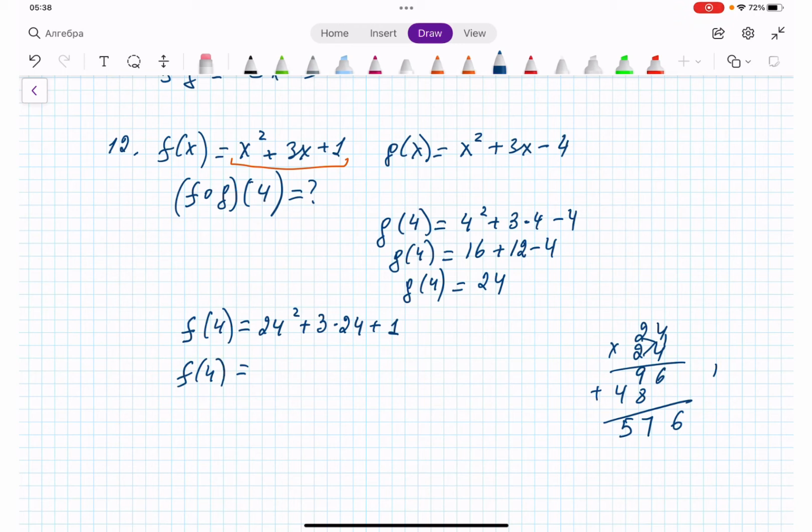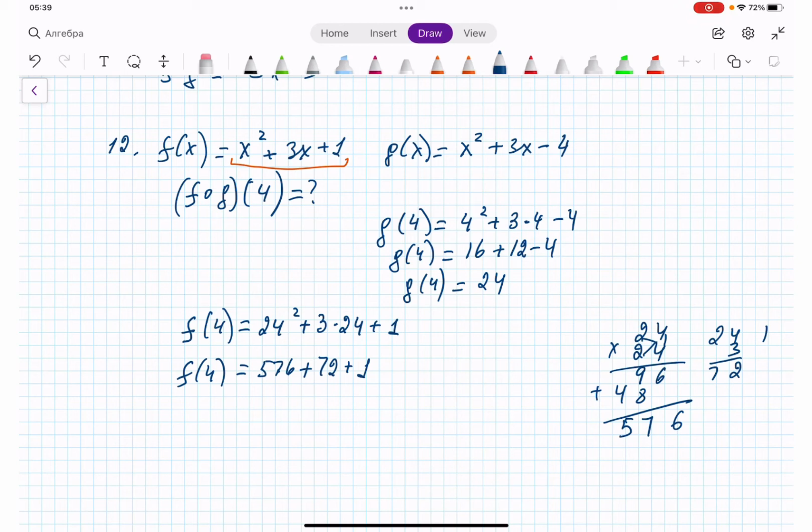So f of g of 4 is equal to 576 plus 3 times 24. 3 times 4 is 12, 1 in mind, 3 times 2 is 6 and 1, 7, so 72, plus 72 and plus 1.